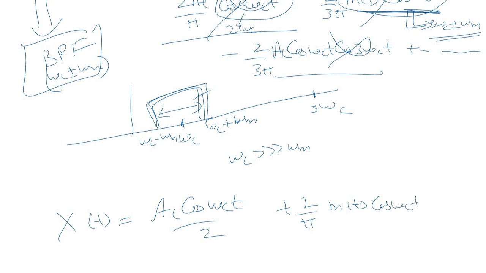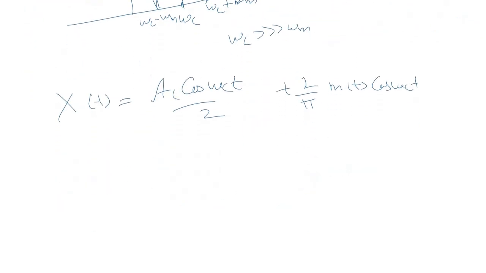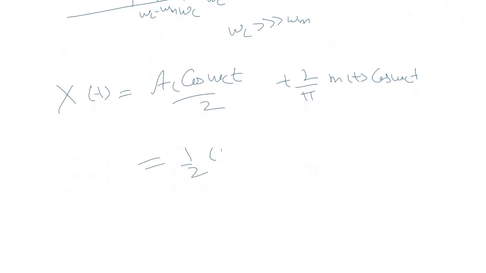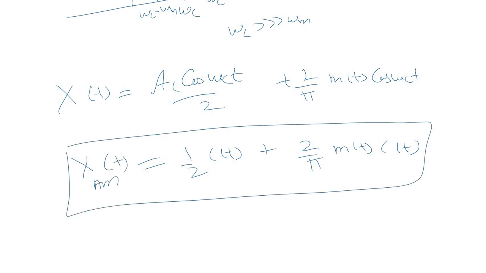Now if you again carefully analyze this, it is some scaled version of your carrier signal plus some scaled version of the multiplication of message and the carrier signal. So the general expression is quite similar to the expression of the conventional AM or double sideband with carrier type of signal. The only difference is with the scaling factors, right?